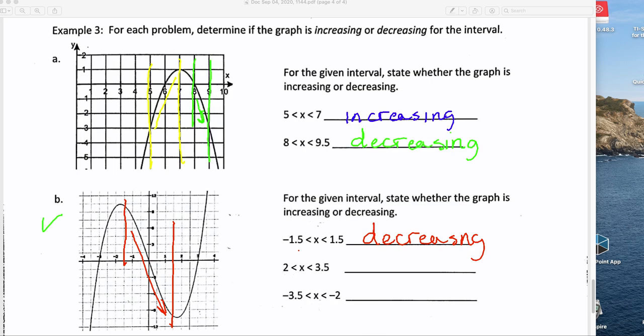I've got 2 and 3.5, so 2 is right here, and 3.5 is right here. What's the graph doing right there? Increasing. One more on this graph. Between -3.5, which is right here, and -2, which is right here, this graph is increasing.